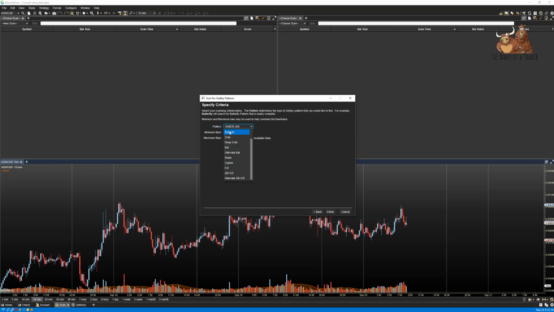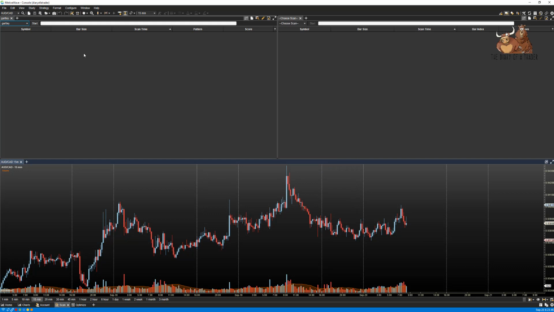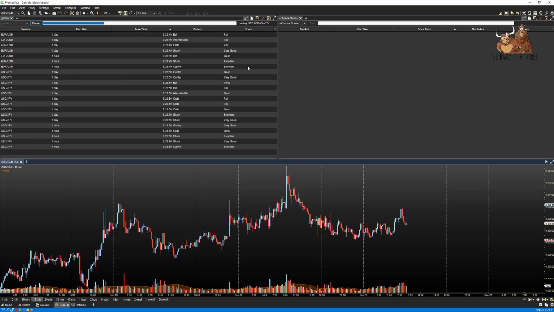You can select a specific one, but we'll just say all of them. And then hit finish. And now all we have to do is we can just hit start. And so what's going to happen now, it's going to populate and auto search and scan these charts, each instrument, and the time frames that we said.